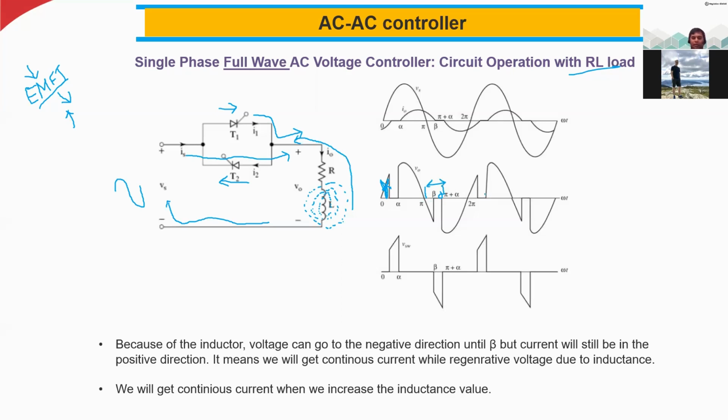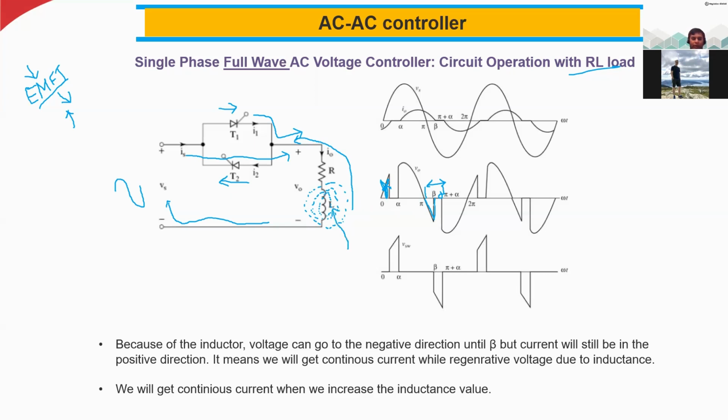It is supposed to be like that because I am controlling the alpha value, the firing angle. But it won't be like that because of this magnetic field. Because of it, there will still be some conduction here after pi. So this will continue up to beta. Maybe it's 10 degrees or 20 degrees, we don't know. It depends upon the value of the inductor.